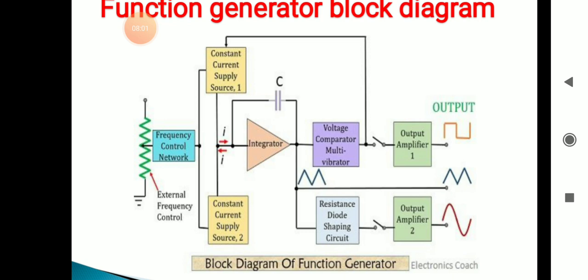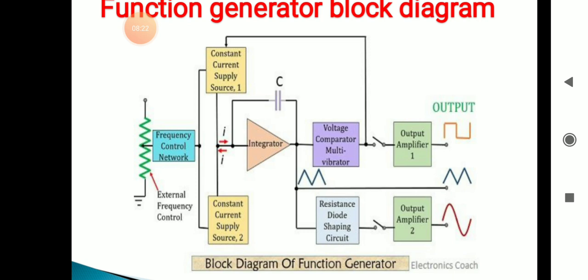So, symmetric and asymmetric. Symmetric means all the amplitudes are equal. Asymmetric means one cycle is 50% and the other cycle is 49%.